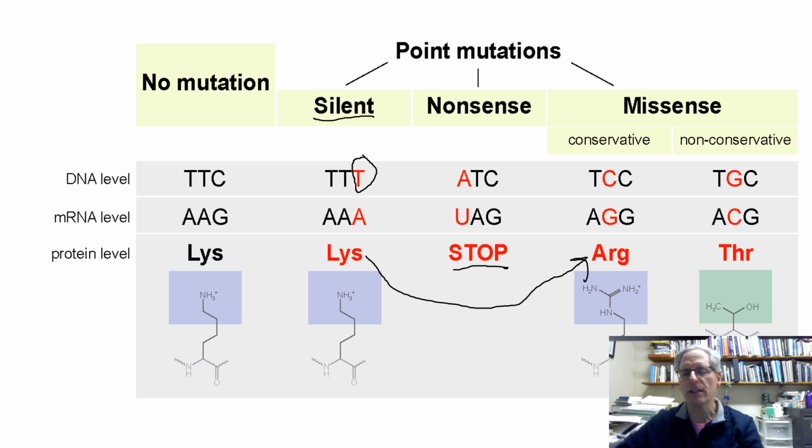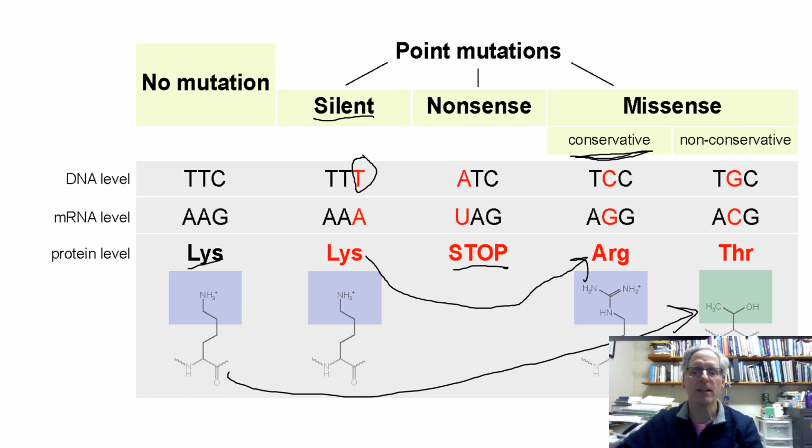If you don't change the type of amino acid, that's called a conservative missense mutation. If you completely change the nature of the amino acid you've inserted, so you have a basic amino acid here, now you have a polar amino acid you've inserted, that's called a non-conservative missense mutation. These will tend to alter protein function much more than these.